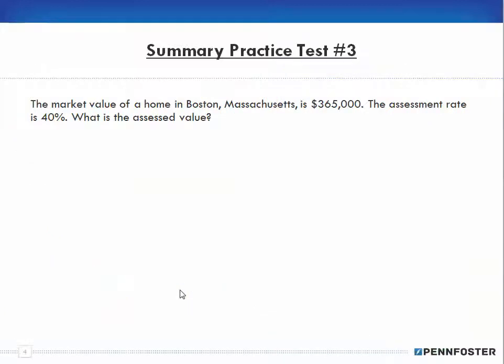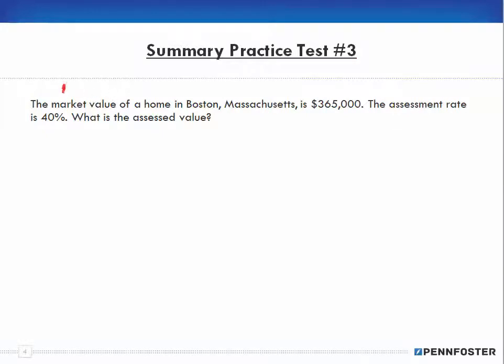Okay. All right. Let's see here. Summary practice S3. The market value of a home in Boston is $365,000. The assessment rate is 40%. What is the assessed value? Look at the terminology we're using.